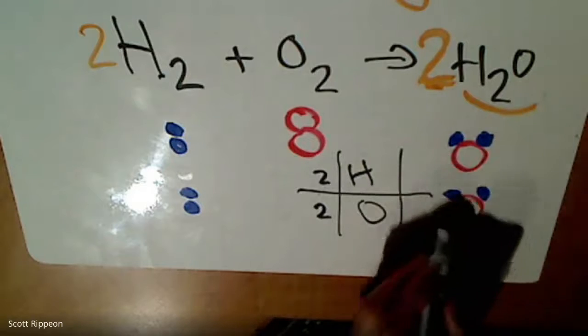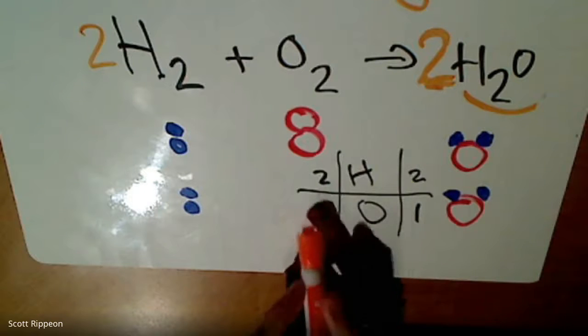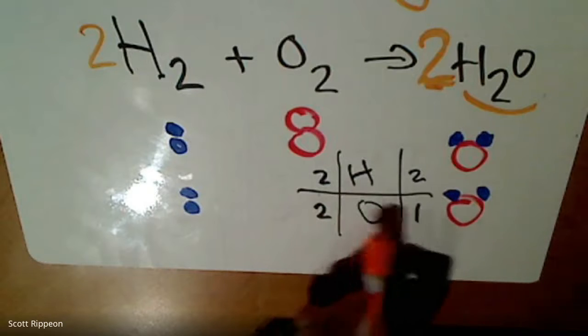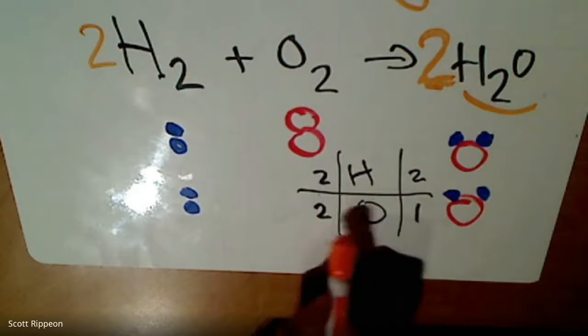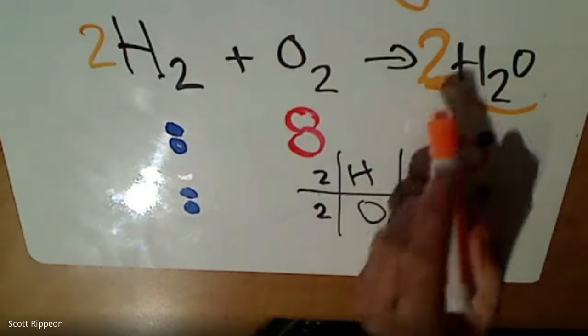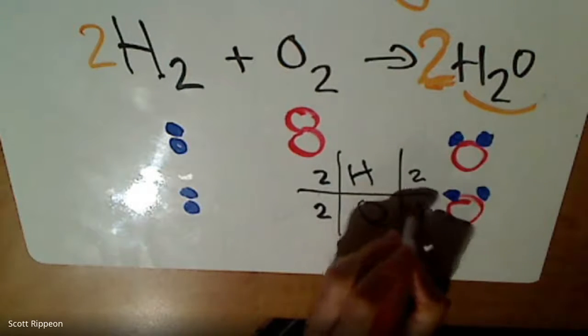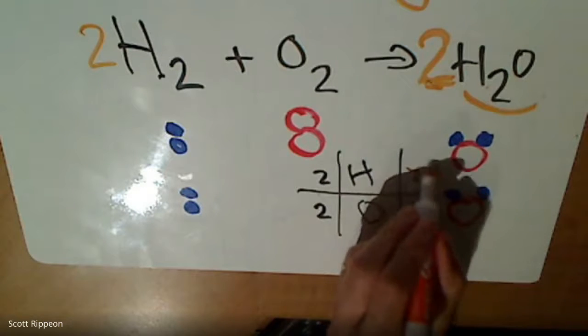Ignoring the orange, there's 2 hydrogen but only 1 oxygen. So when I go to balance this, I look and I say, okay, hydrogen, I have the same number, so they're good right now. Oxygen, they're messed up. So what's the smallest thing that goes into both 2 and 1? Well, that's 2. So when I put that orange up there, that says now there are 2 oxygen, but then 2 times 2, there are 4 hydrogen.